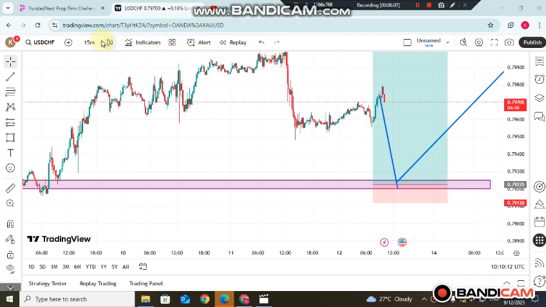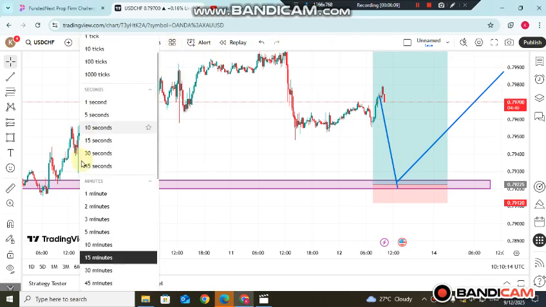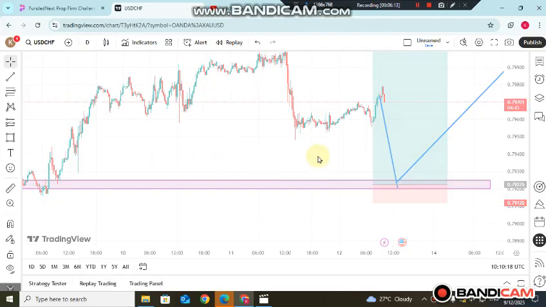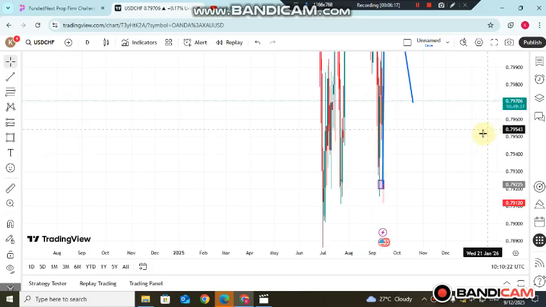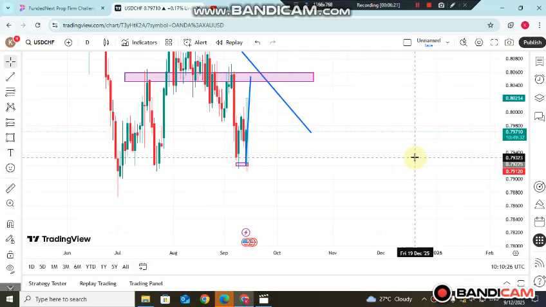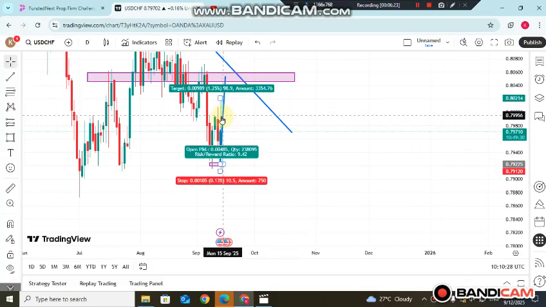Let me just move to the daily time frame to see how many pips we are going to be making, because these candlesticks are too big here. So I have to move back to the daily time frame to see how much we are going to be making on this trade. How much are we making?